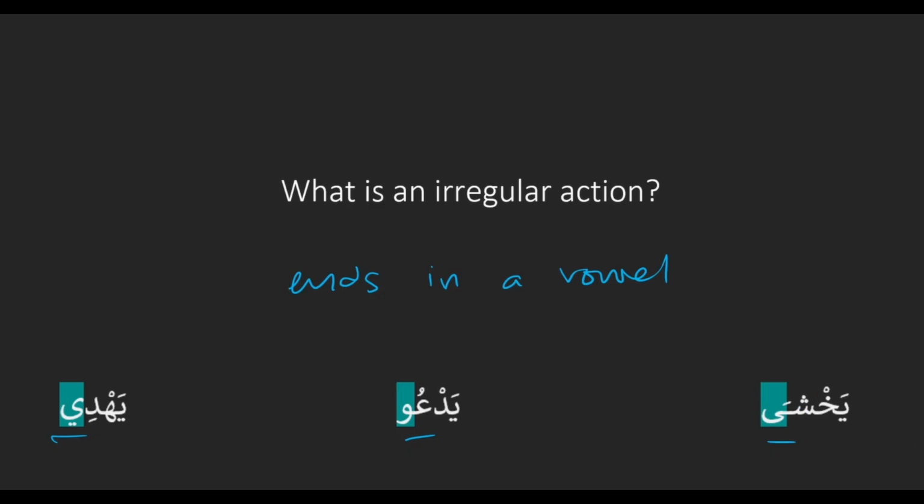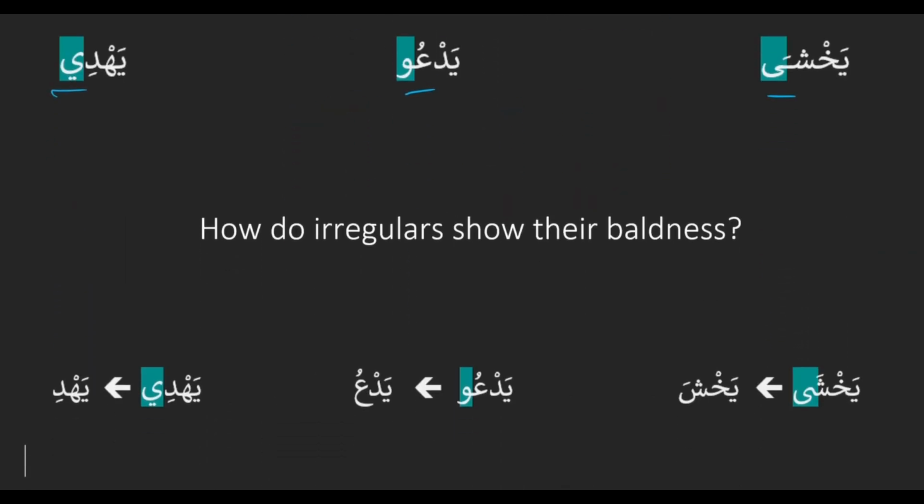So how do irregular actions show their jazm? One simple rule: the vowel that it ends in just drops. That's all there is to it. Drops as in, it disappears. So when an irregular action becomes jazm, you just get rid of that final vowel.